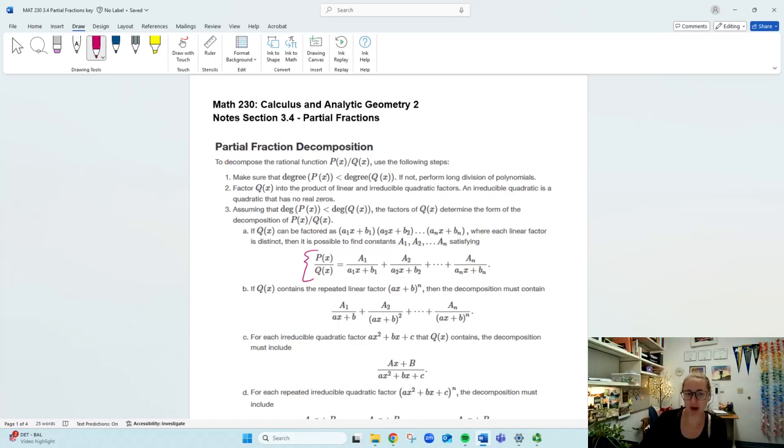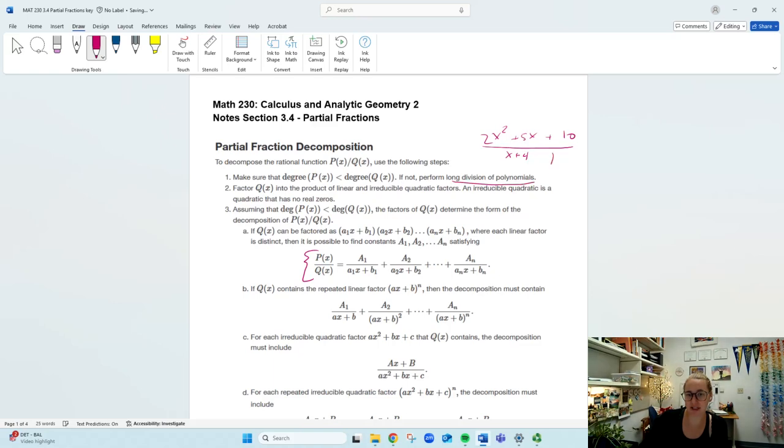If we have our top degree, make sure that the degree of p of x is less than the degree of q. If it's the other way around, for example, if I had 2x squared plus 5x plus 10 over x plus 4, so if my degree on top is larger than my degree on bottom, then I can actually do long division.